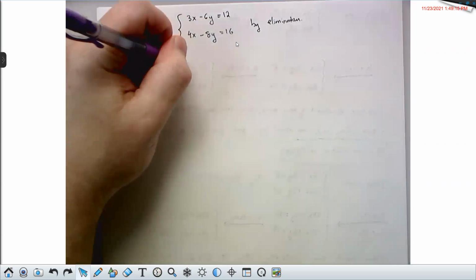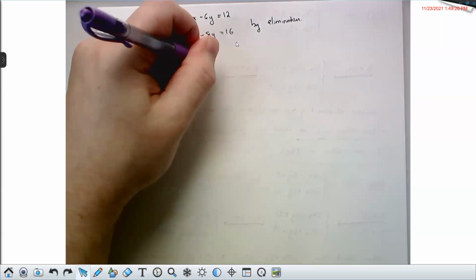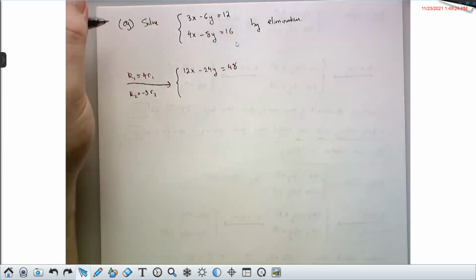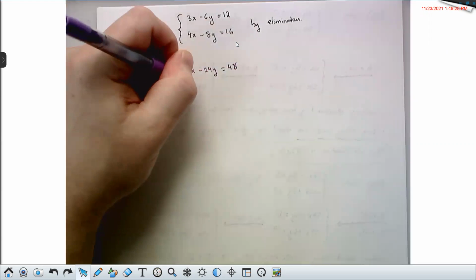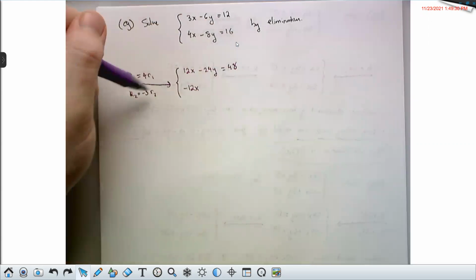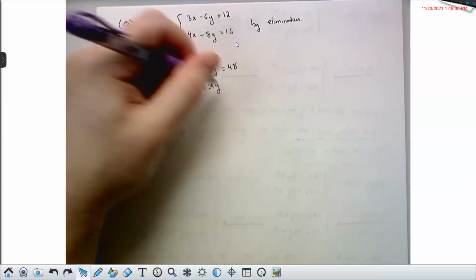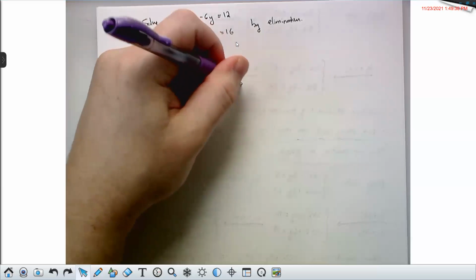Row 1 will then be 12x minus 24y equals 48. And my row 2 will be -3 times 4 is -12x, -3 times -8 is +24y, and -3 times 16 is -48.